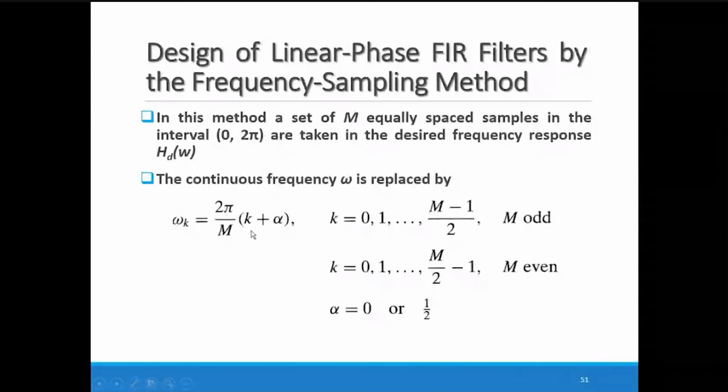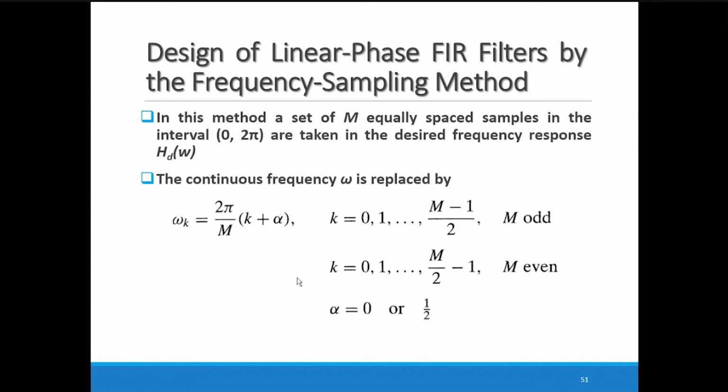Here the value of k is 0 to m minus 1 by 2 if m has an odd value, and k is equal to 0 to m by 2 minus 1 when m has an even value. And alpha, as we have discussed in the structure design also, is equal to 0 or 1 by 2. But in many cases, whatever we have discussed in the book is based on alpha equal to 0.